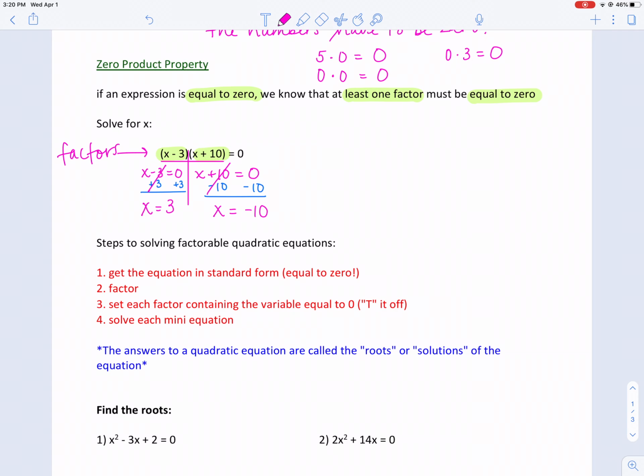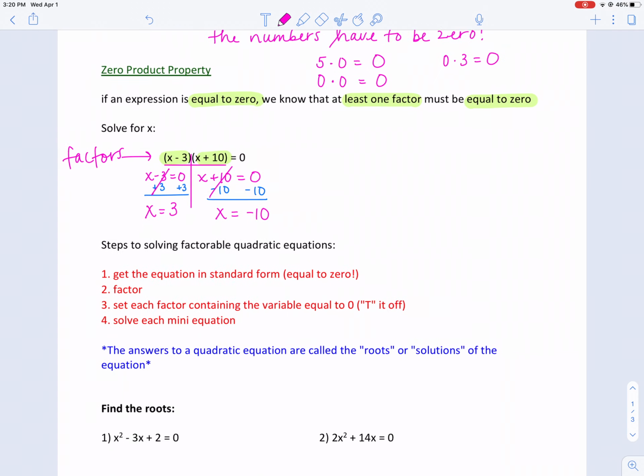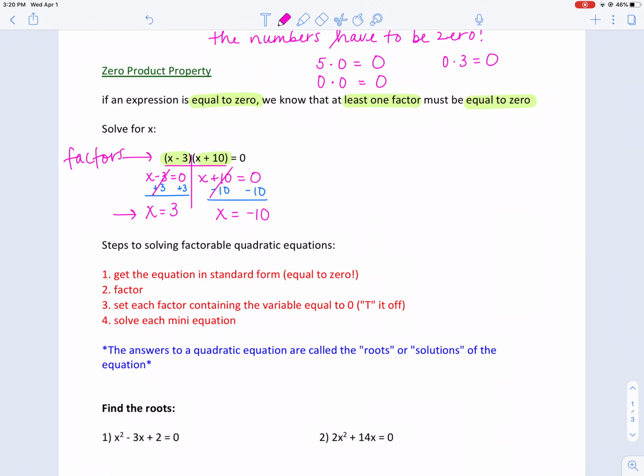Inside the parenthesis, you had a minus 3. But when you get down here, which we call the solutions, the signs change. This was x minus 3 up top. It wound up being x equals positive 3. And when you saw x plus 10 in parentheses, you see x equals negative 10 as your solution.